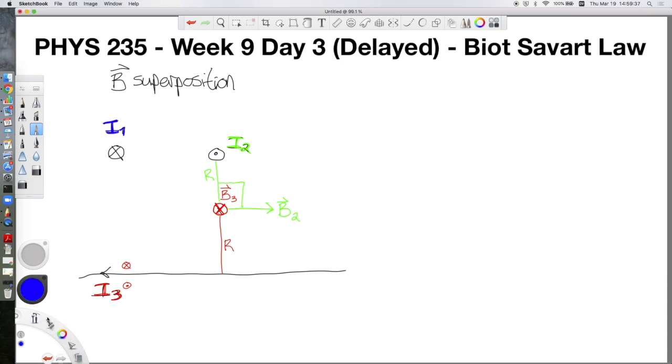Last but not least, for I1, oh, that's not a straight line at all. There we go. That'll work. This distance would be the R that you would need. And again, our magnetic field will be perpendicular to this using the results of right-hand rule number 2.